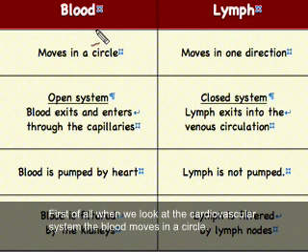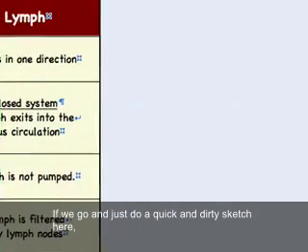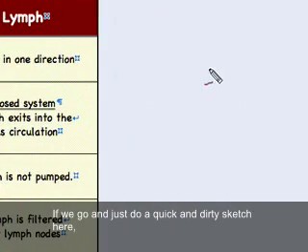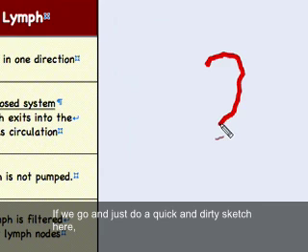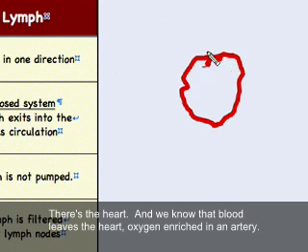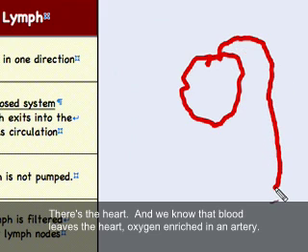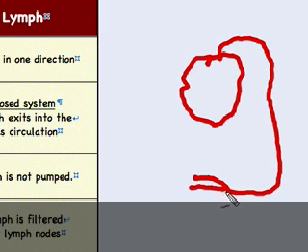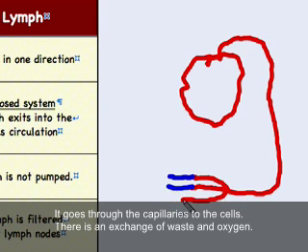First of all, when we look at the cardiovascular system, the blood moves in a circle. If we do a quick and dirty sketch here, there's the heart, and we know that blood leaves the heart oxygen enriched in an artery, goes through the capillaries to the cells.